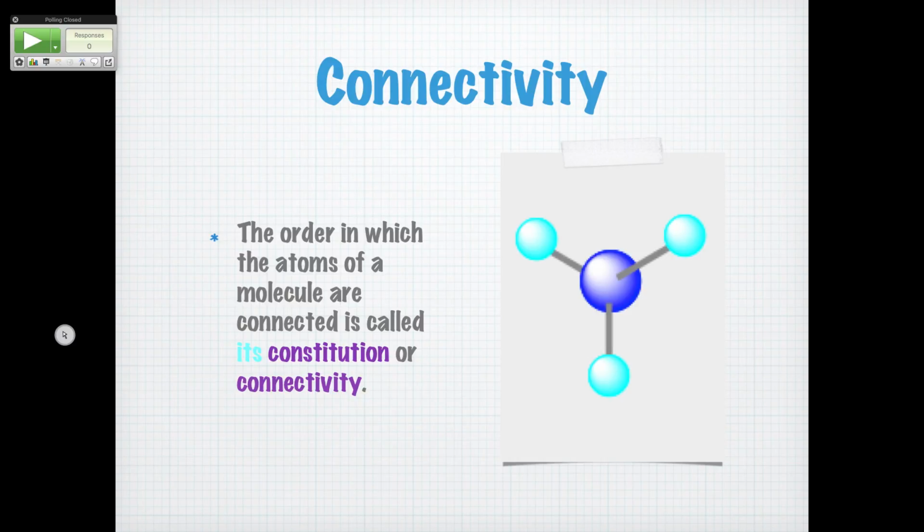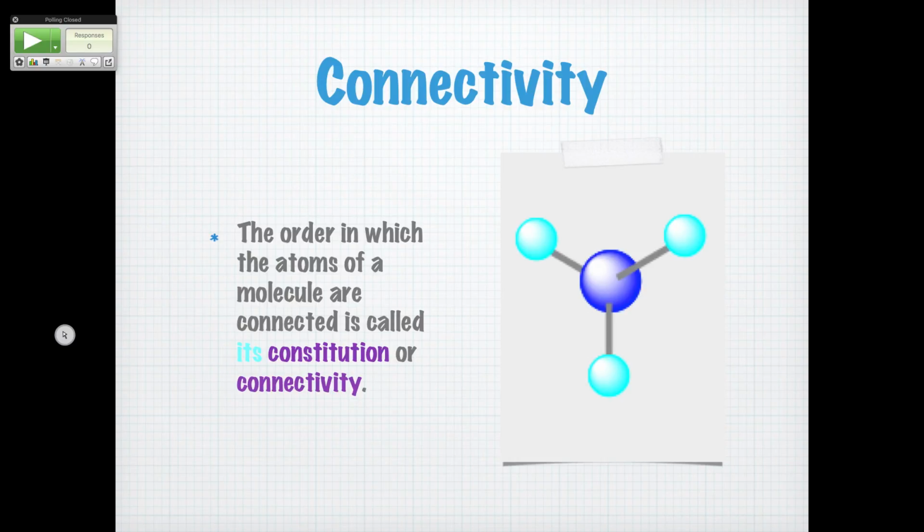Okay, the order in which the atoms of a molecule are connected is called its constitution or its connectivity. Constitution means like makeup, how it's made up. It's not just the Constitution of the United States, okay? There's Constitution that has other meanings, okay?